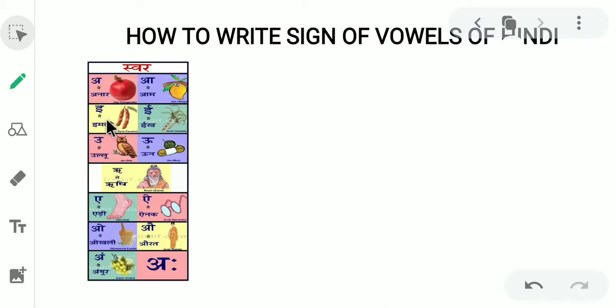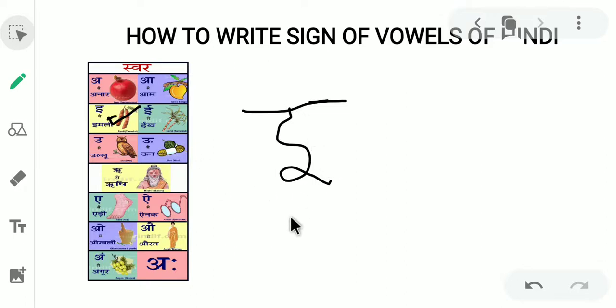Now I'm going to write the sign of E. How to write this sign of E? We have seen that small e appears like this.